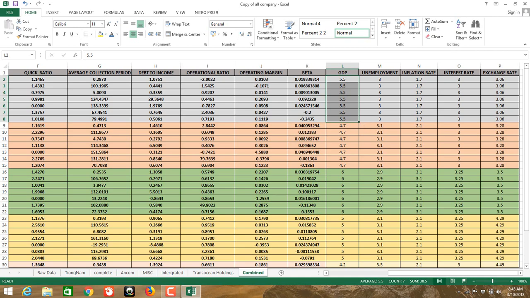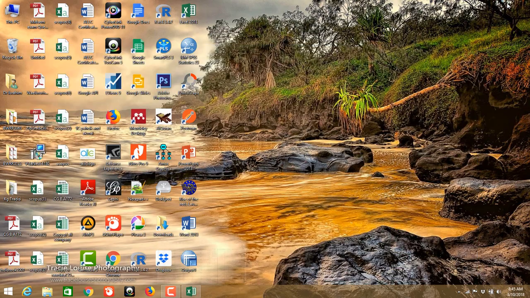Once you have combined your data, you have to open your SPSS. We'll be loading the program. You need to have SPSS pre-installed in your system, otherwise you cannot run the analysis.